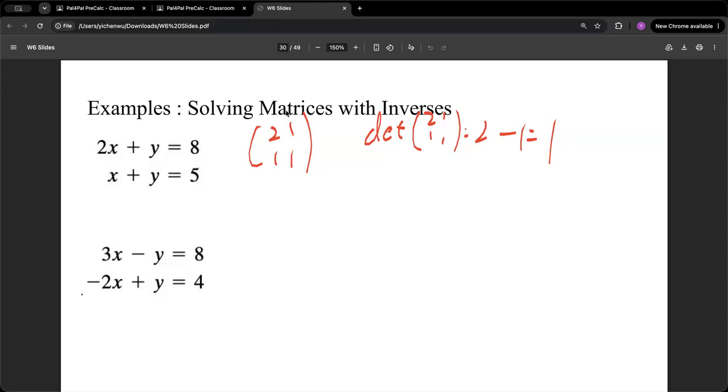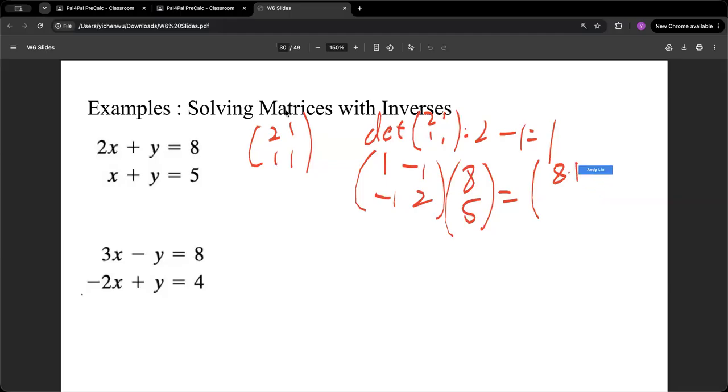So it's going to be 1, negative 1, negative 1, 2. And we will multiply this by the vector 8, 5. This gives the vector 8 times 1 plus 5 times negative 1, and 8 times negative 1 plus 5 times 2. And so this gives 3, 2. That means our solution is 3, 2.